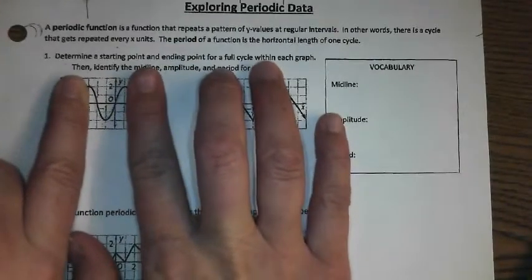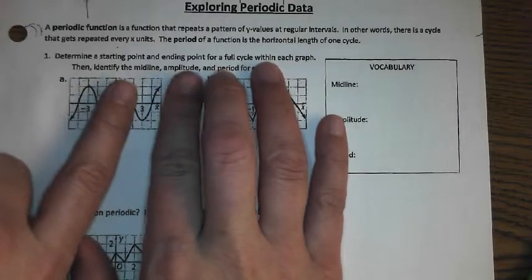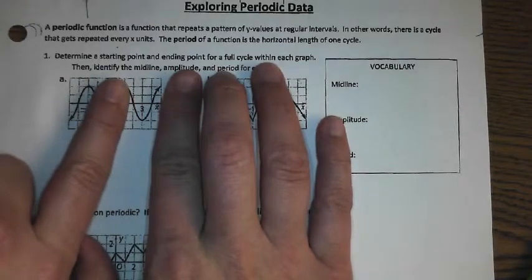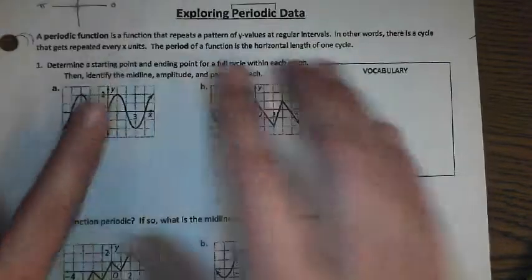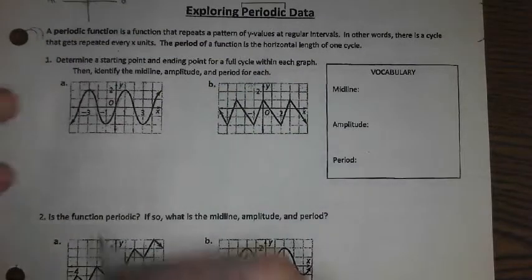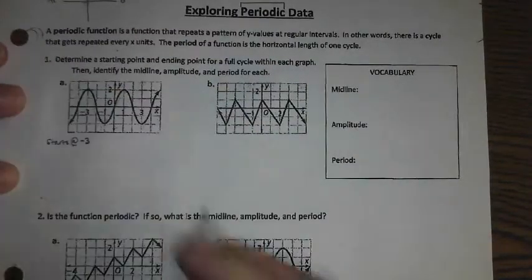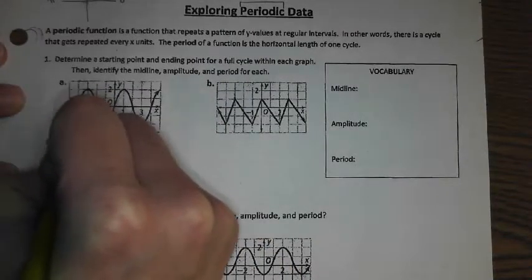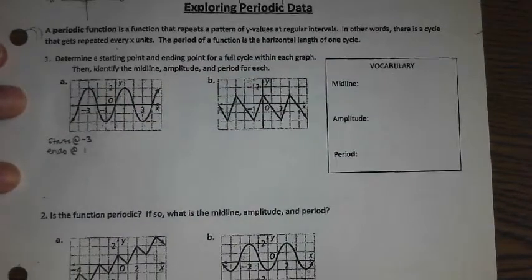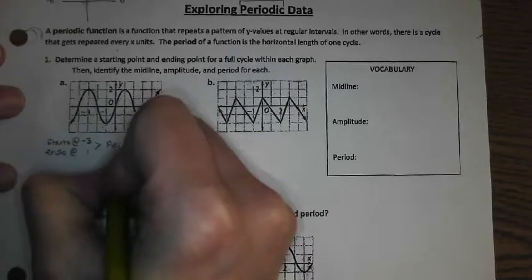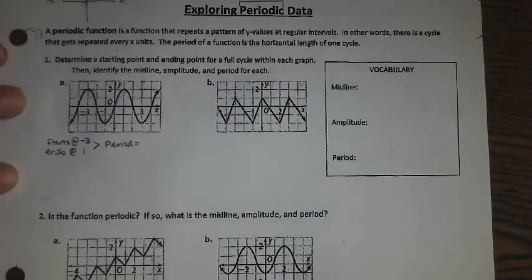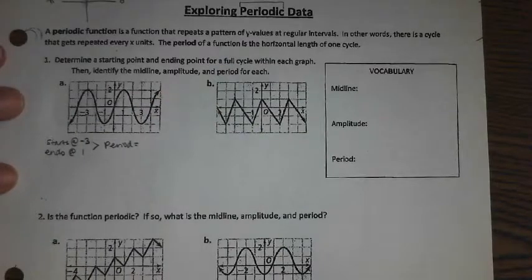We could just take that section of the graph and slide it over, and it has repeated itself. So the way Jason sees it, his is starting at -3, and it's ending at +1, which means his period is how long? How many units? 4.